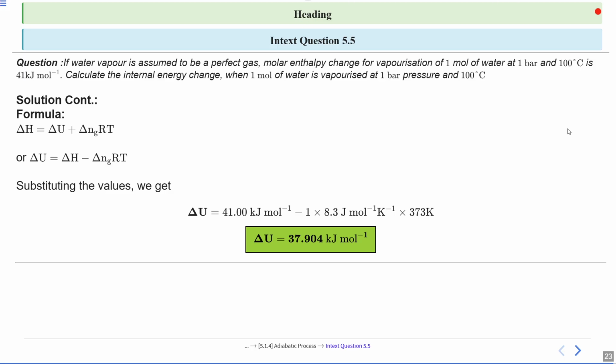Do not forget to convert this 8.3 joule per mole per Kelvin into kilojoule. How do we convert it? It's very simple. You just have to multiply by 10 to the power minus 3 for the conversion. Then you will get your right side as kilojoule per mole.